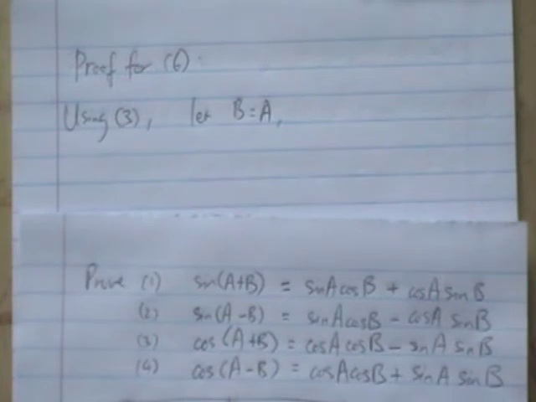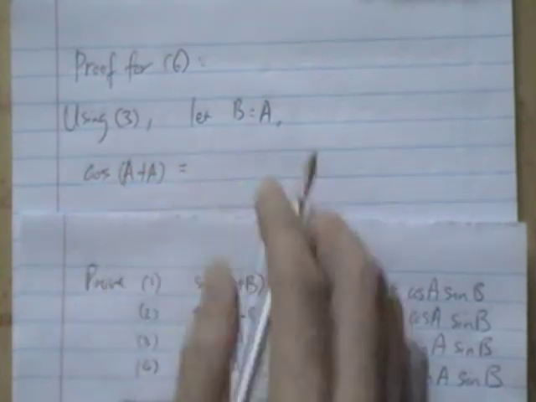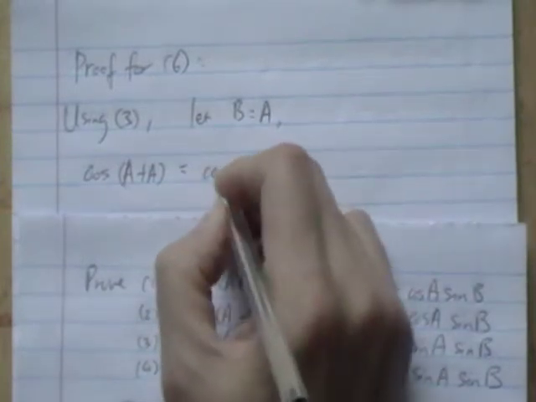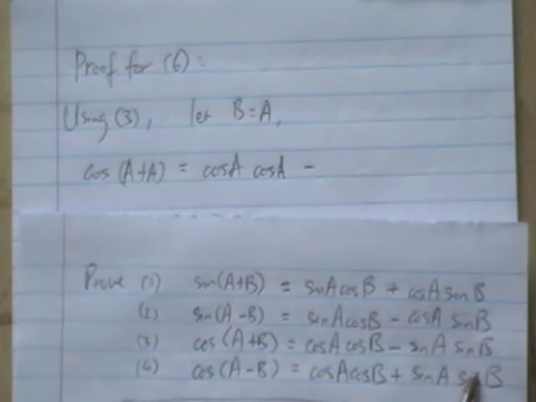Then I'll substitute a into all the b's in this identity. So that would be cosine a plus a, cosine a cosine a, sine a sine a.